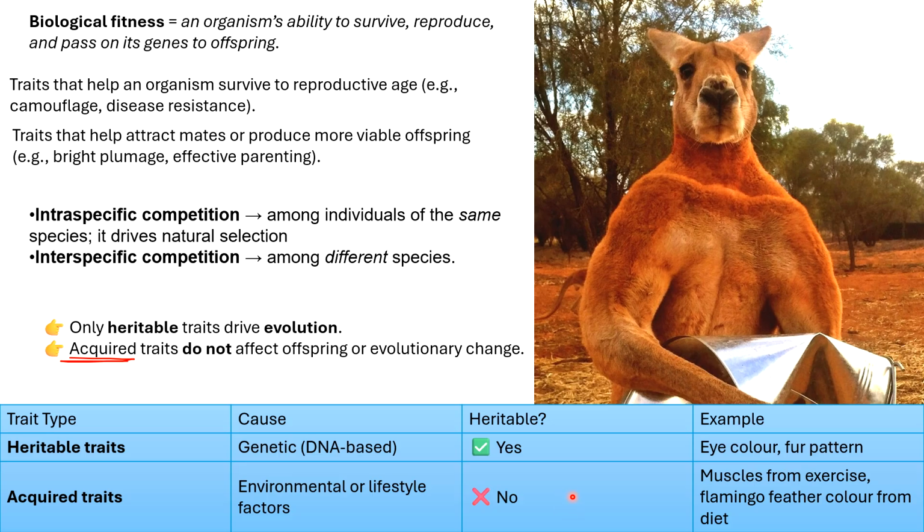They're not genetically inherited. So if you go to the gym and build muscle, you don't get that muscle from your parents. You got it because you went to the gym, right? So that's why it's acquired. It's not heritable. An animal example would be flamingo feathers. They get these from their diet. Basically, they are not inherited.